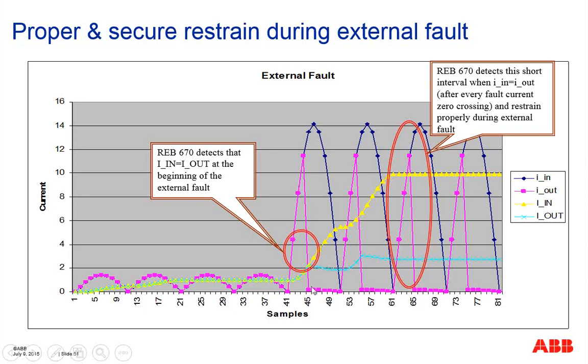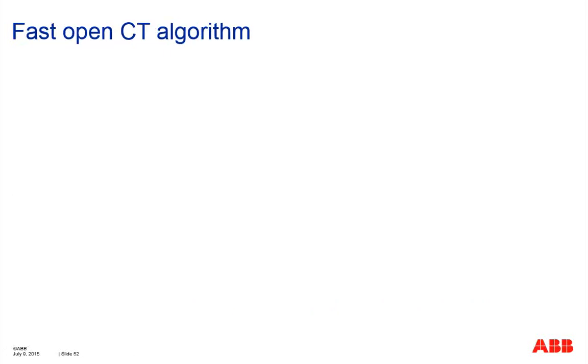But because you have this portion of healthy sections, the relay could deduce that it's an external fault condition, so the relay will restrain and block from operation.